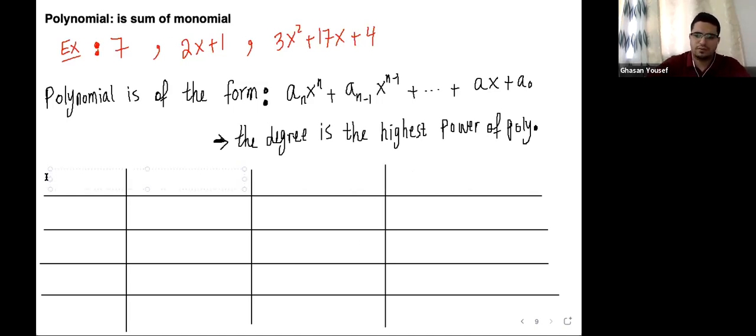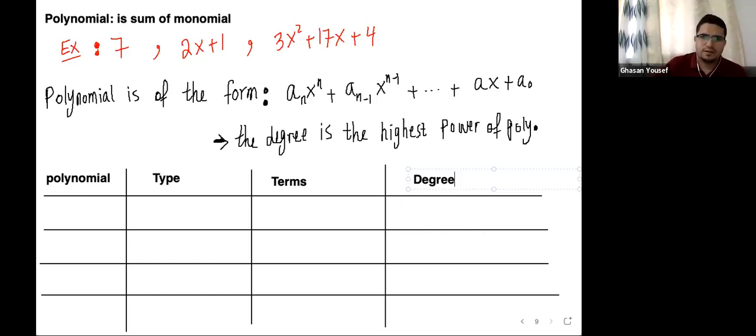So here I have the polynomial, here I have the type, here I have the terms, and here I have the degree.